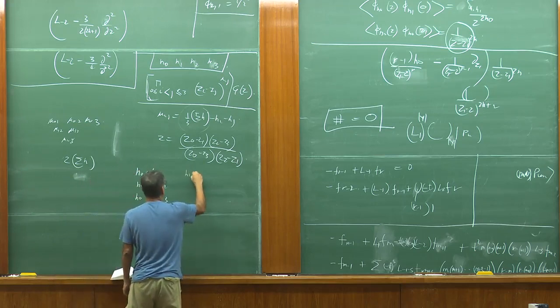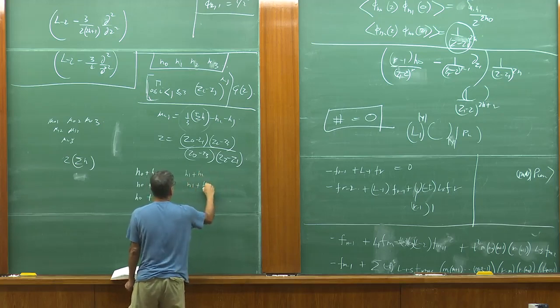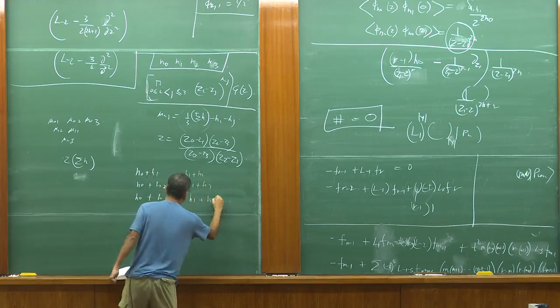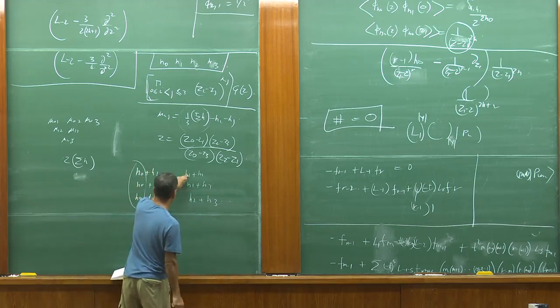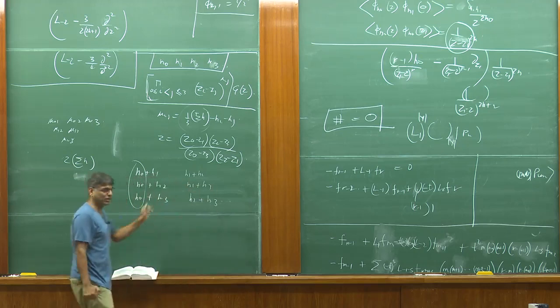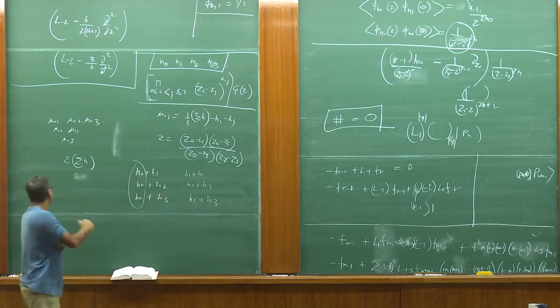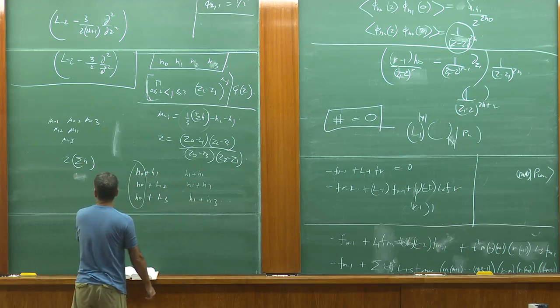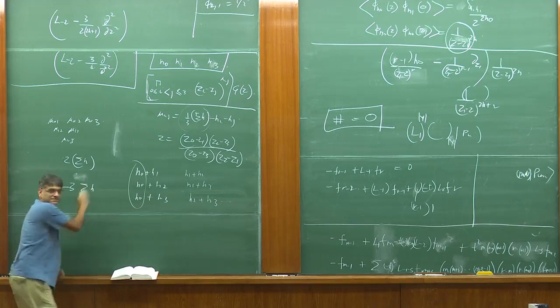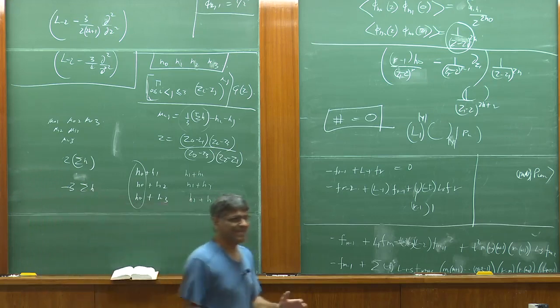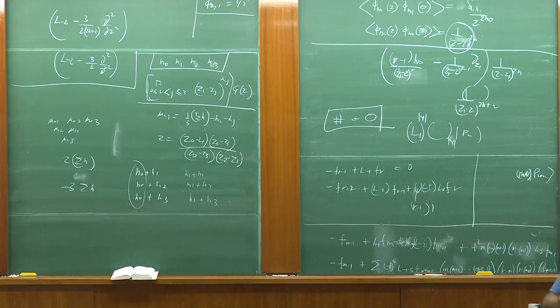Then we get h1 plus h2 and h1 plus h3, and we get h2 plus h3. So as Omkar said, h0 appeared 3 times, h1 appeared 3 times, h2 appeared 3 times, and so on. Therefore we get minus 3 times sum over h. So the whole thing scales like z to the power sum over h downstairs, which is what you expect from the weight of a correlation function.